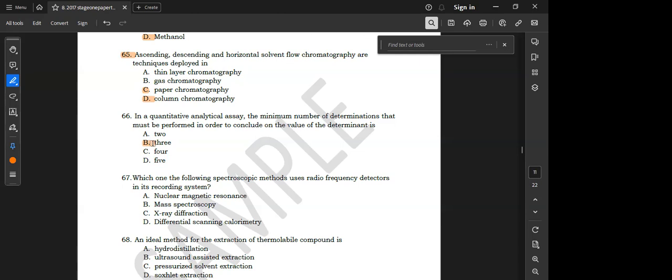Next, which one of the following spectroscopic methods uses radio frequency detectors in its recording system? NMR, mass spec, X-ray diffraction, and differential scanning calorimetry.